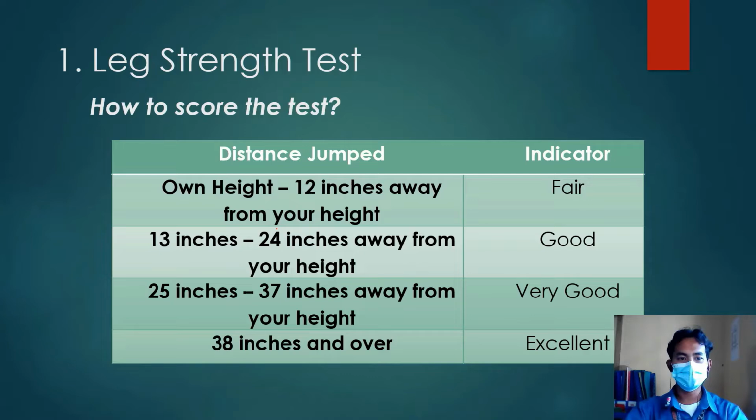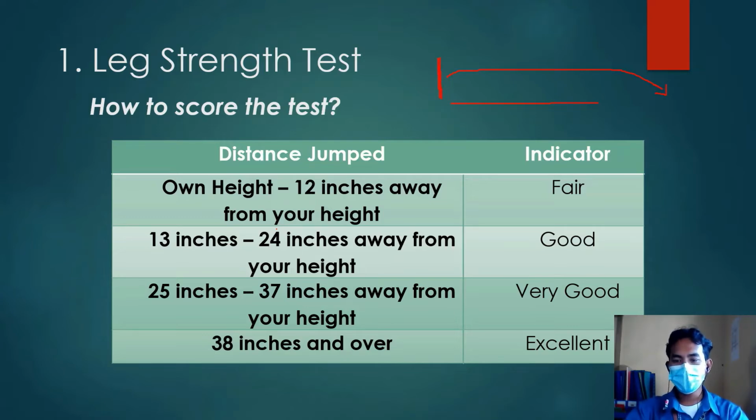So let's take this illustration na lang as an example. So ito pong line, let's say for instance, ito po yung line na ginawa ninyo which corresponds to your height. And then, nandito ka po. And then, after you jump, let's say for instance, nakarating ka dito.